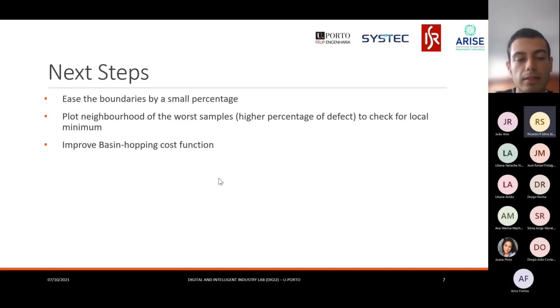And after this analysis, we could then improve the Bayesian hopping cost function.